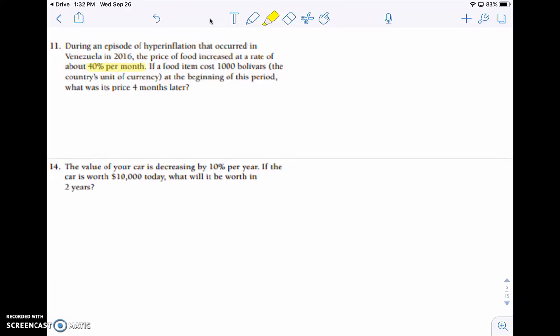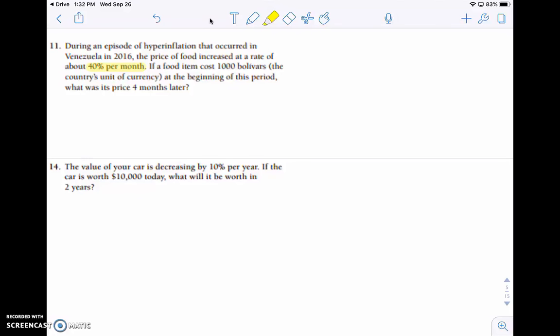So when we see that percent per month, hopefully you can see we're looking at a relative growth rate or percentage rather than an absolute. So we're going to be using percentages here, which is going to be for us an exponential growth.